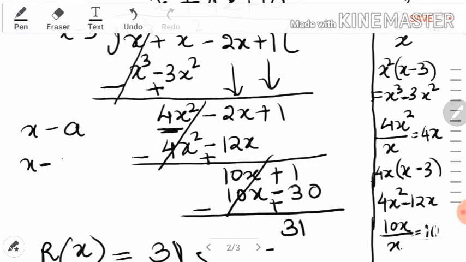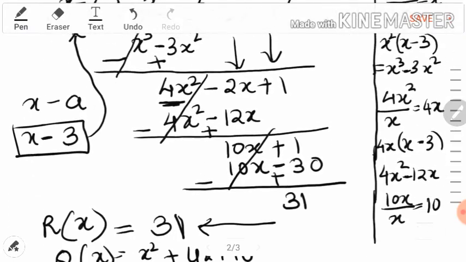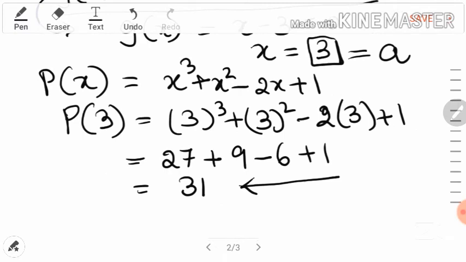So x minus 3, when we substitute a as 3, becomes the divisor. And we can see that in this question the divisor is x minus 3. When the given polynomial is divided by x minus 3, then the remainder is 31, which is the value of the polynomial at a.